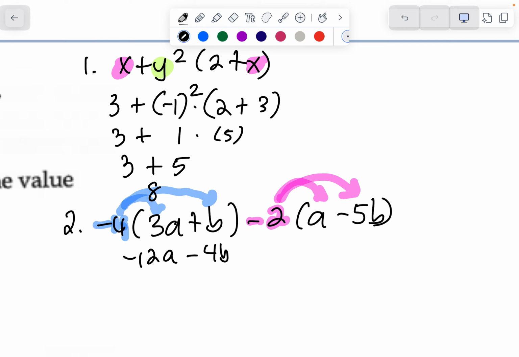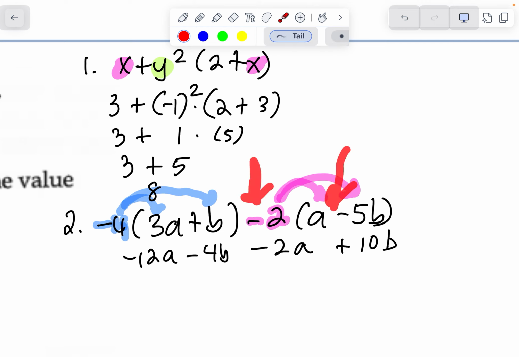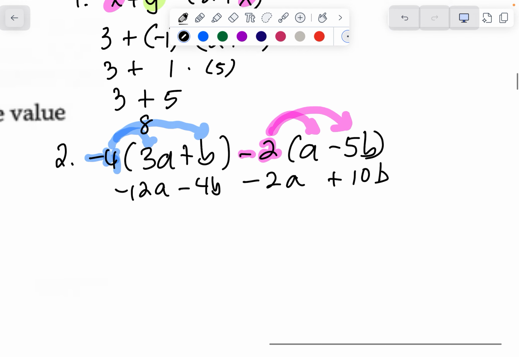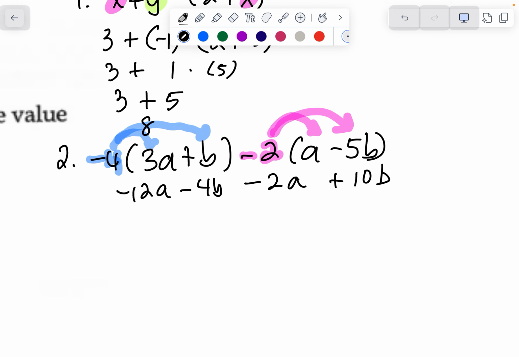Now, we're going to use the negative 2 twice. We're going to get negative 2a plus 10b. So see how those two negatives, the one here and the one here, made a positive 10b. Okay? My next step is to do them alphabetically, just so that I won't miss anything. So if we have negative 12a minus 2a, that's negative 14a's.